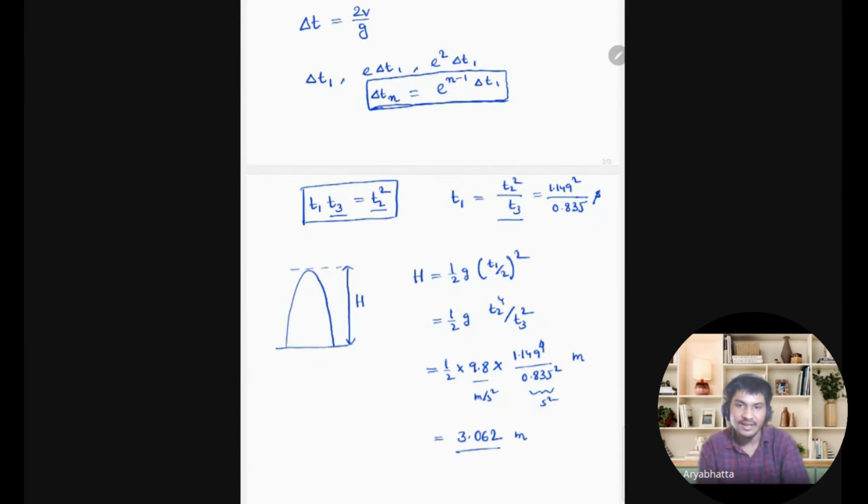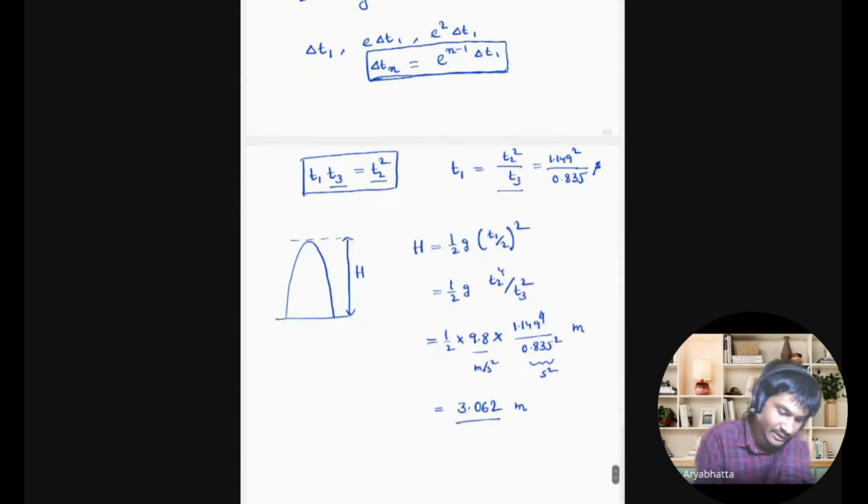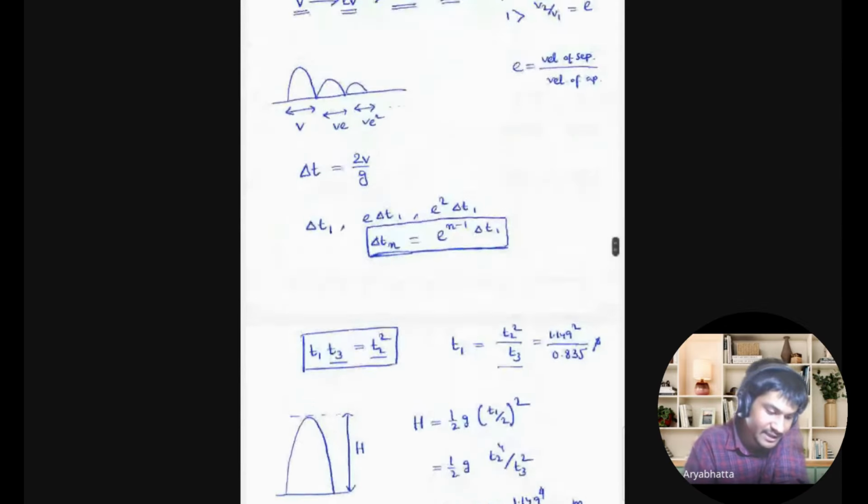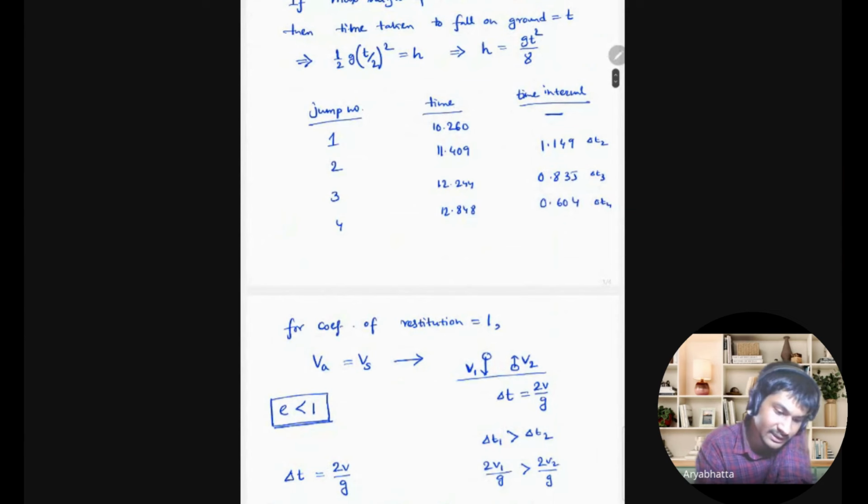Now, the method I just mentioned is one way to solve the problem. There is another way, but that needs plotting a graph. But we'll see that way as well, because that way is more accurate. See, you have been given delta T2, delta T3, delta T4. Even after that, you have fifth collision and sixth collision.